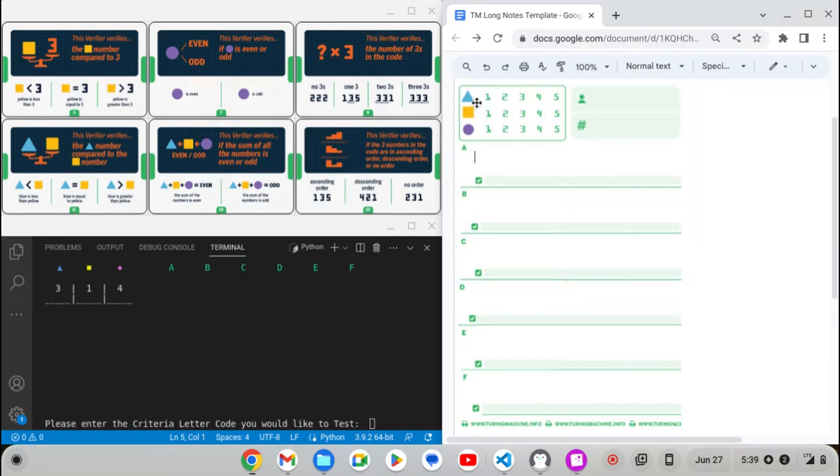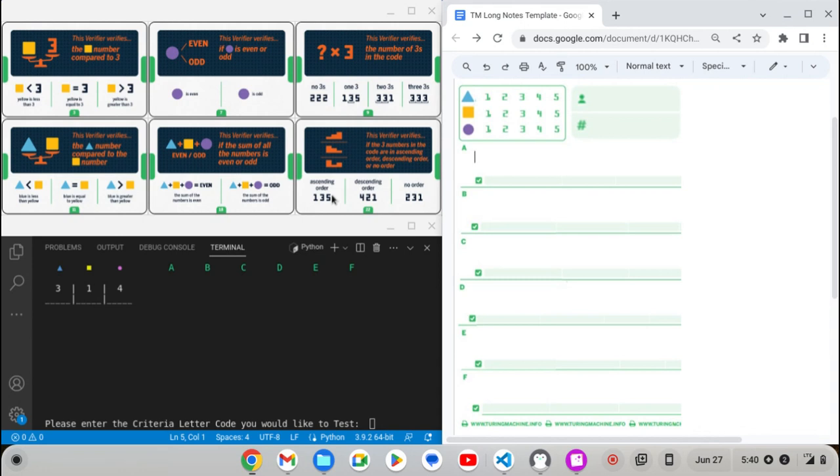Criteria card E will look at the 3 digits, triangle, square, circle, and will be adding their digits and giving us a sum total. And the Turing machine will let us know the sum should be equal to an even quantity, or otherwise, will it be equal to an odd quantity? And finally, criteria card F looks at our 3-digit solution and will let us know a little bit about the order of the numbers.